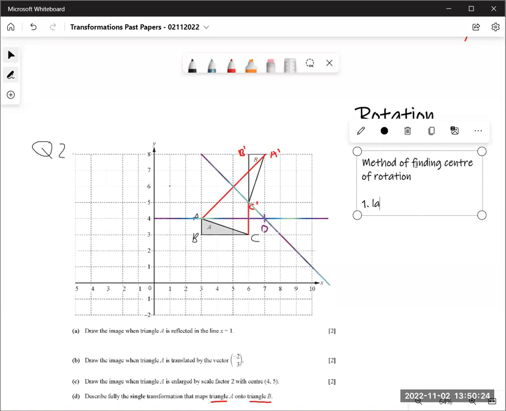Step 1, label points and connect corresponding points. Second, find perpendicular bisector of lines.